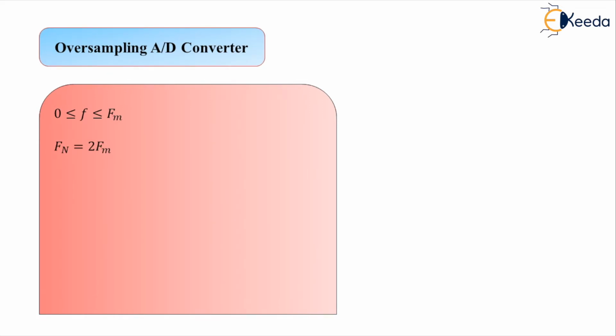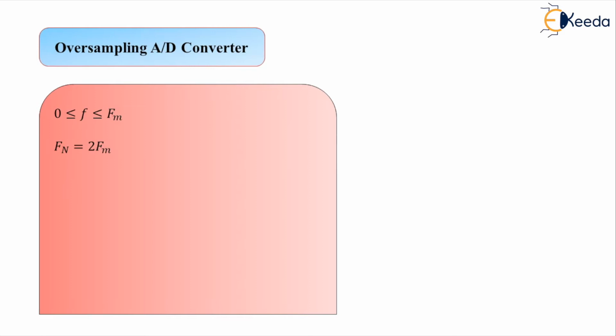Now looking at this relation, if we have the sampling rate denoted by capital F suffix capital T in general, equal to the Nyquist rate, then we require a sampler and an anti-aliasing low pass filter with a very sharp cutoff in its frequency response, satisfying the requirements as discussed here.